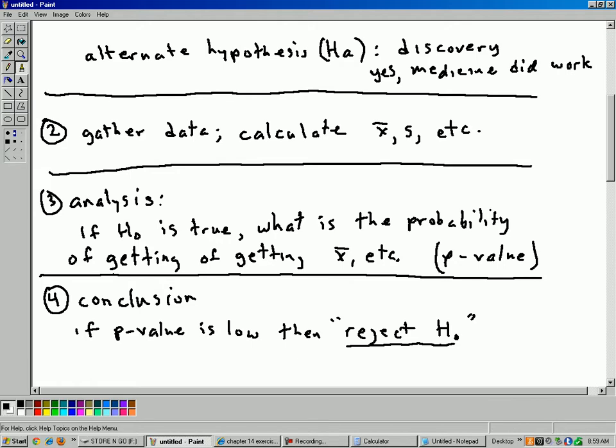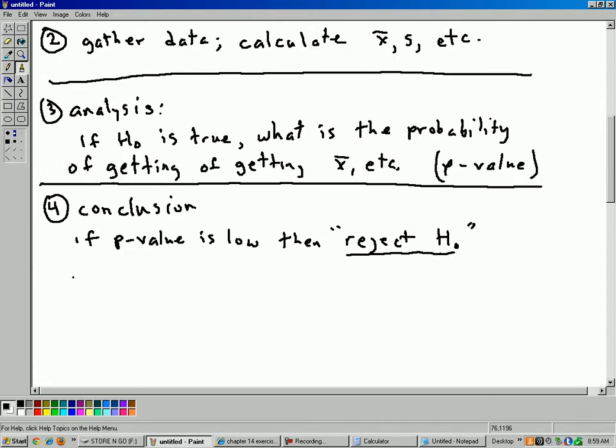All right. On the other hand, if the p-value is high, now how high is high enough, how low is low enough, we'll talk about that later. But this is all just very general here. If the p-value is high, so if you say if the null hypothesis is true, if the medicine really isn't effective, for example, there's a 40% chance of getting the results we got. Then you would say, well, I'm not going to reject that null hypothesis.